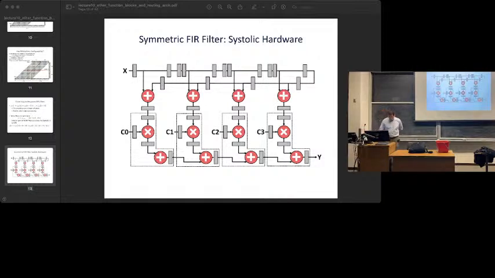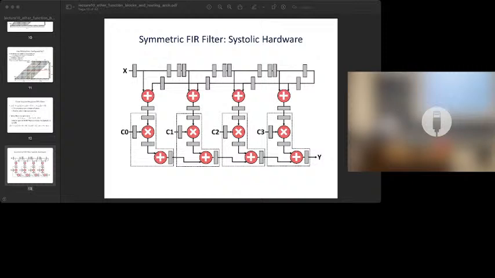To do a symmetric FIR filter, I'm doing this trick of adding the first signal, or the most recent value, and the oldest value, and then they get multiplied by the same coefficient, and I'm doing that for pairs. Basically these are all registers. So I'm bringing in the inputs, delaying it through a chain of registers, adding together the pairs that are going to be multiplied by the same thing. This is called a systolic implementation.